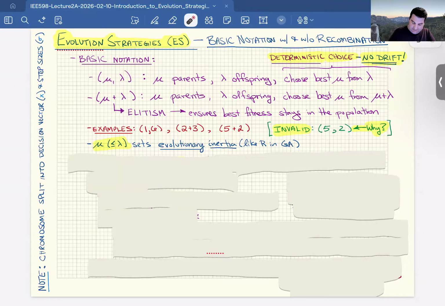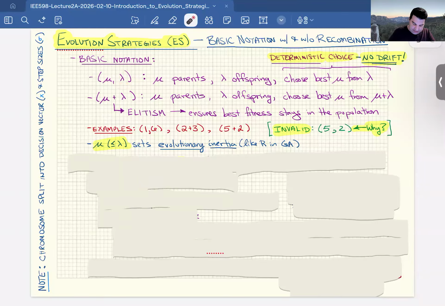So you can think that there's going to be lambda over mu offspring on average generated by each parent. So you can think that over the set of these many parents, they are going to contribute equally to produce these offspring.